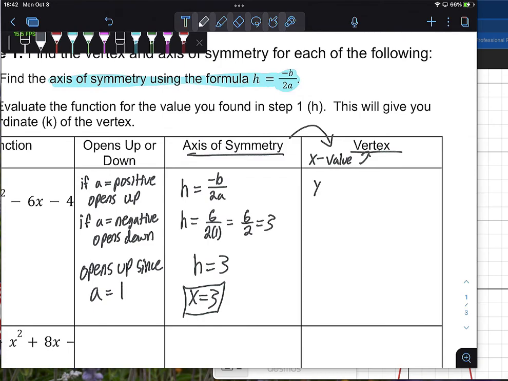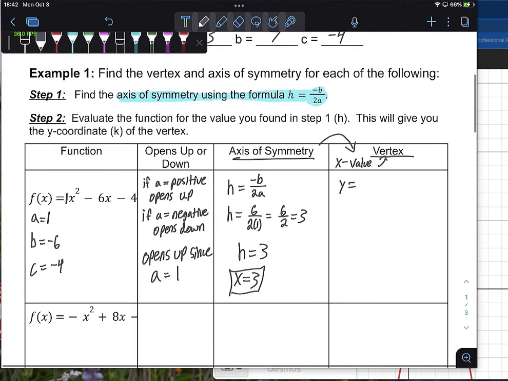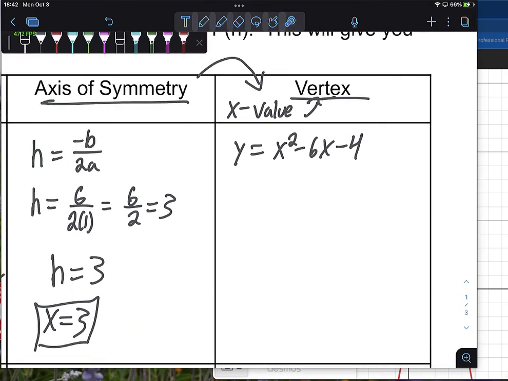So y is equal to, here's my function, x squared minus 6x minus 4. And I'm going to plug in a 3 anywhere there is an x. So y is equal to 3 squared minus 6 parentheses 3 minus 4. 3 squared is just going to give me 9.